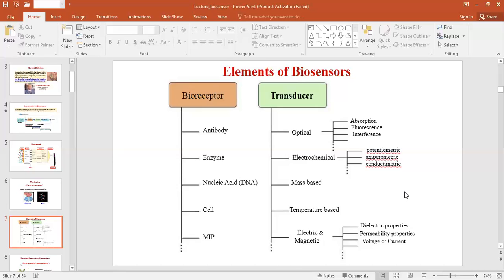If it will develop mass change, then we have to use some piezoelectric crystal there. If it is developing some electrochemical reactions, then we can use potentiometric, amperometric, conductometric transduction. So these are the types of transducer we can use as an element of a biosensor.